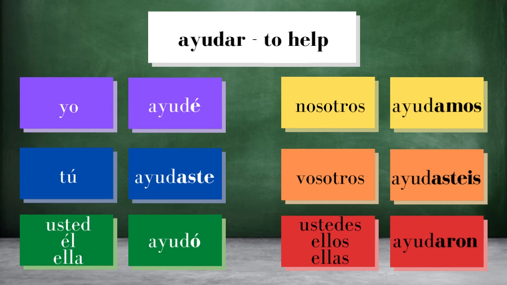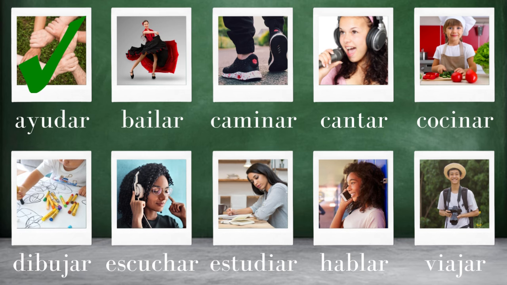Ustedes, ellos, or ellas ayudaron. Great job! We just finished conjugating the verb ayudar. Now it's time to practice conjugating the rest of the AR verbs in the preterite tense.